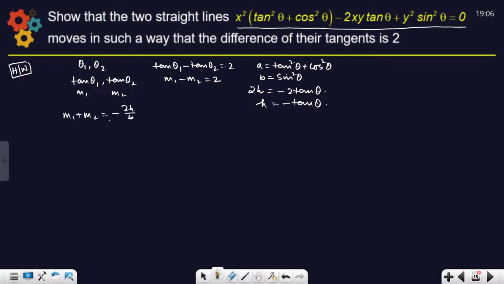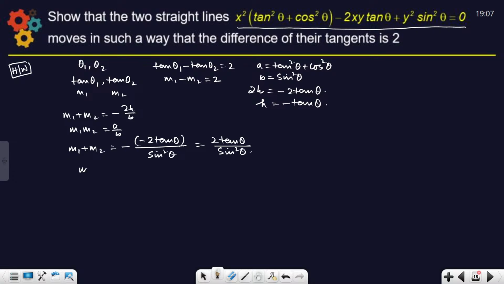Minus twice H by B, and the product of the slopes is A by B. So m1 plus m2 gives us minus twice H. H is minus, so it's minus 2 tan theta by B. B is your sin square theta. So that gives us 2 tan theta by sin square theta.